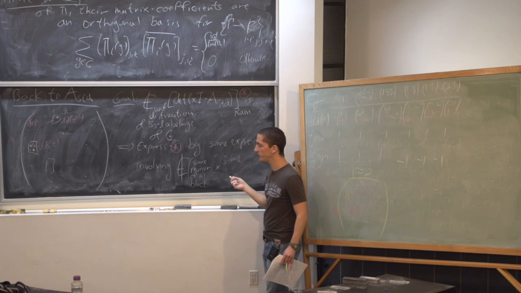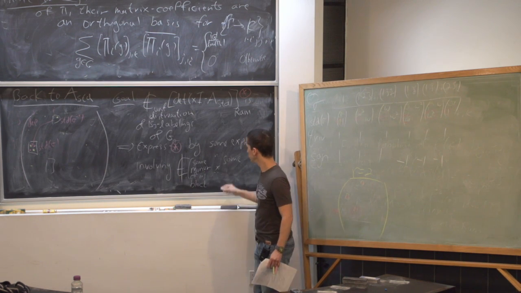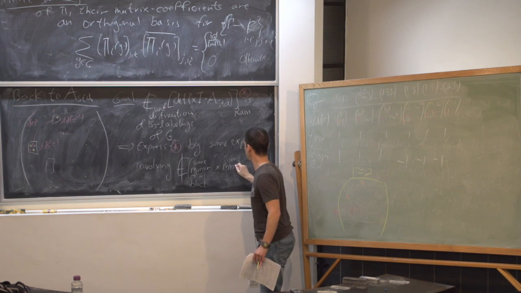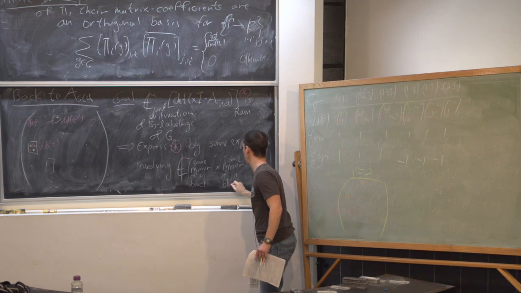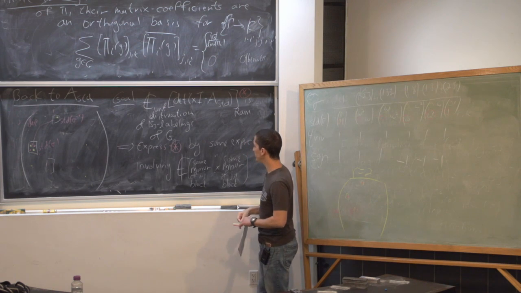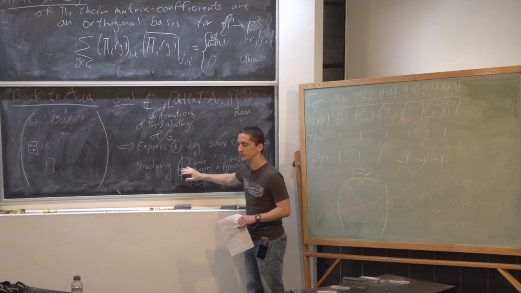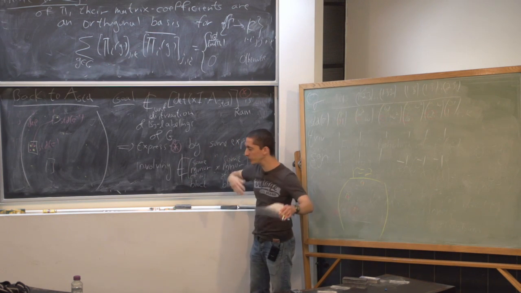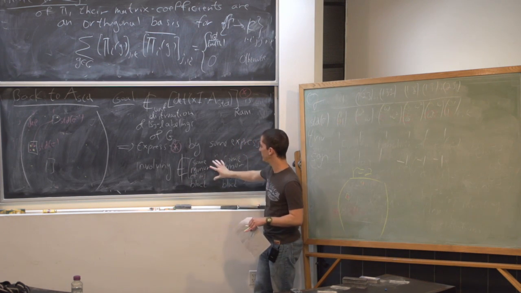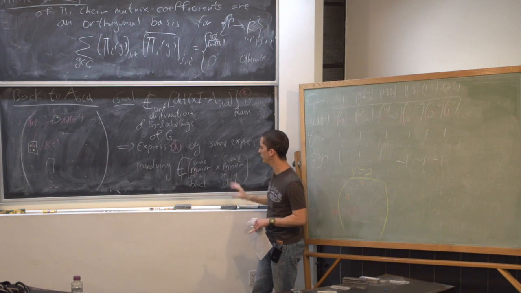When I say minor, I mean the determinant of the minor. Some minor of the ji block. So what I mean is that this is the only place where I actually have expectations. Except for this, I multiply them and sum them, but this is the only place where I actually have expectations.